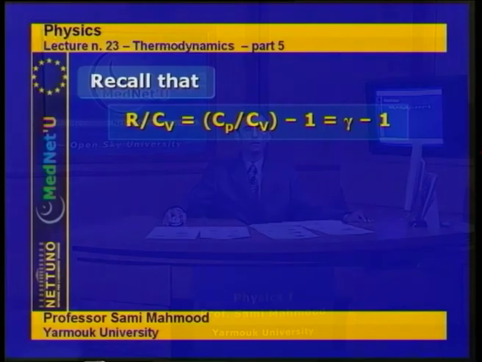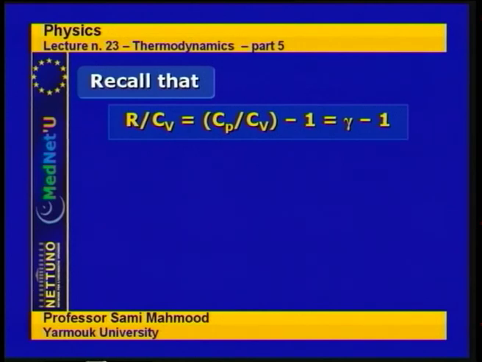But before we do that, we have a constant that is involved, and we have to evaluate that constant. We recall that this constant R over Cv is equal to Cp minus Cv over Cv. Recall that R is simply Cp minus Cv. We will use quantities that are only the molar specific heats of the gas.